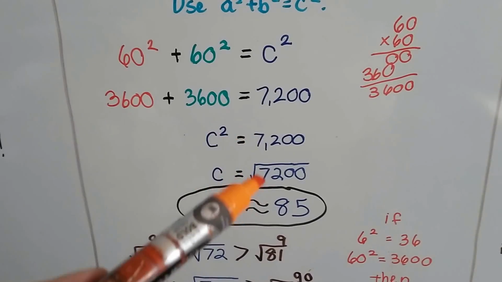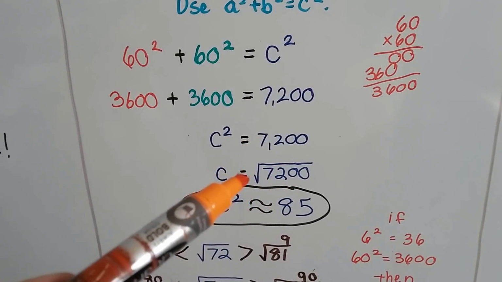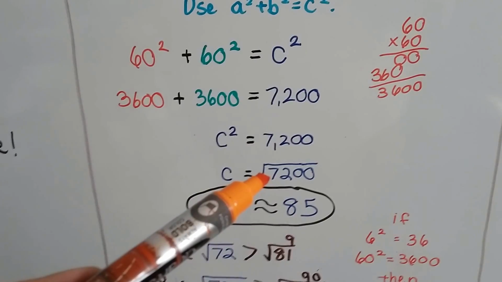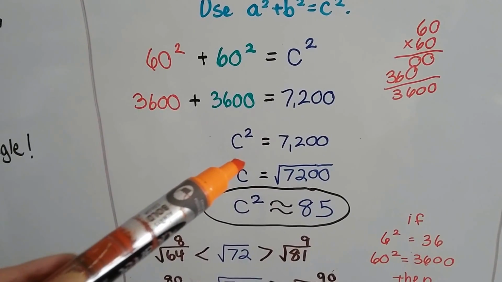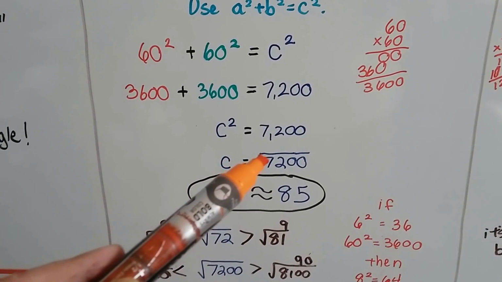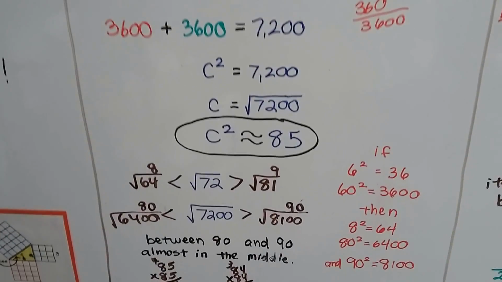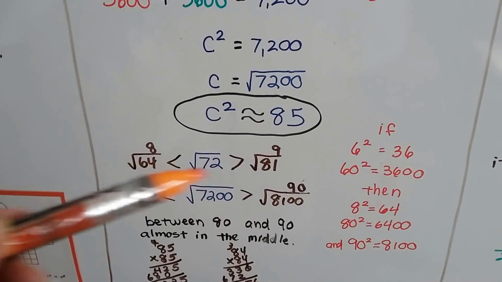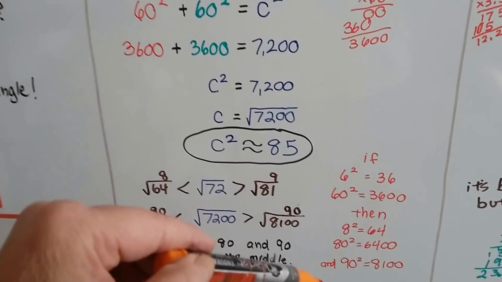We've talked about that before. We can interchange them. We could take this radical symbol off the 7,200 and put the little square 2 back on. So we need to find the square root of 7,200. Well, this is how you can think.